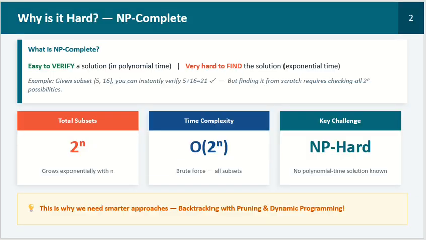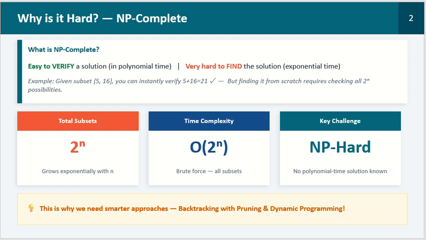So let's learn what is NP hard. There is NP hard, NP complete. This problem is easy to check but hard to solve. If someone gives you a subset, you can quickly verify it. But finding that subset requires checking many possibilities.